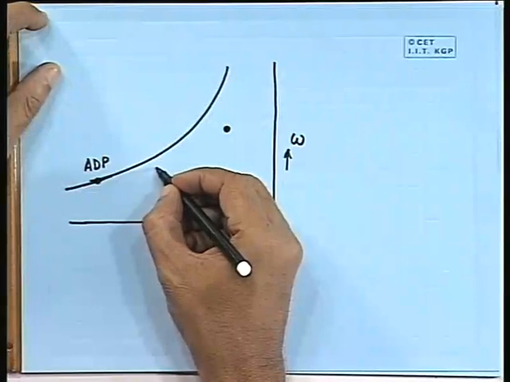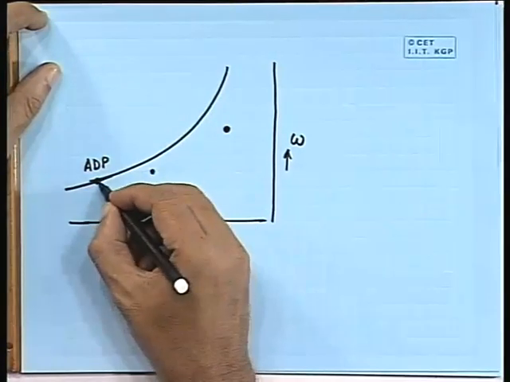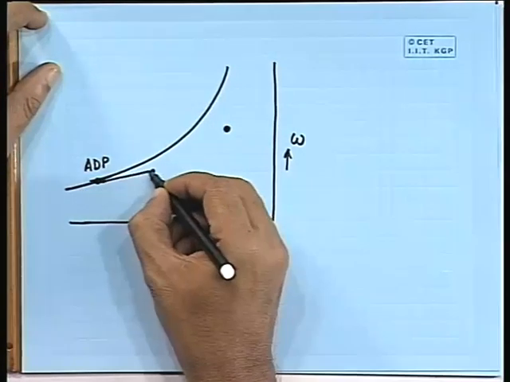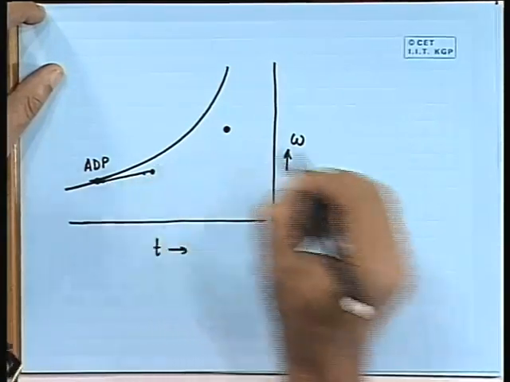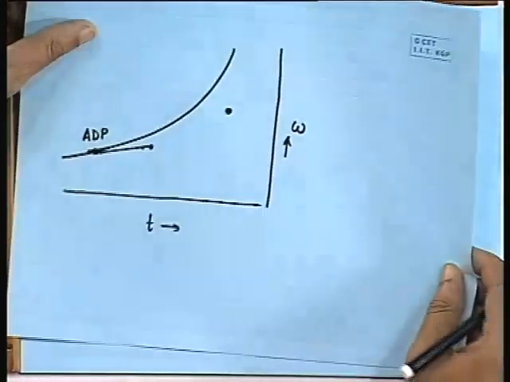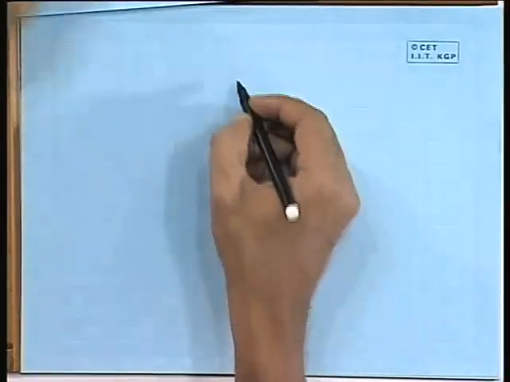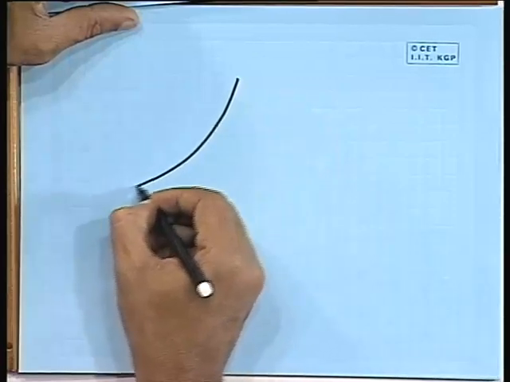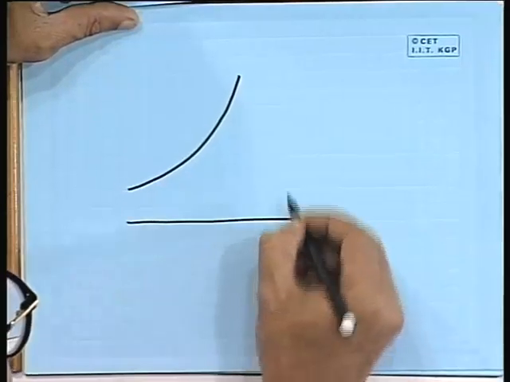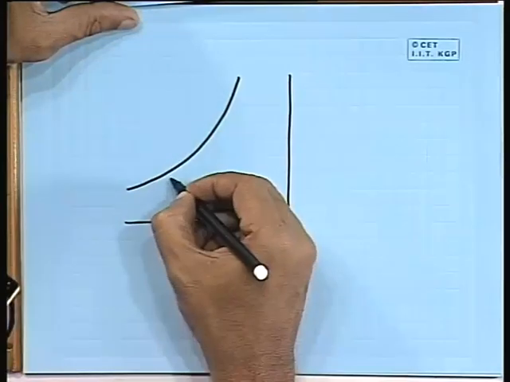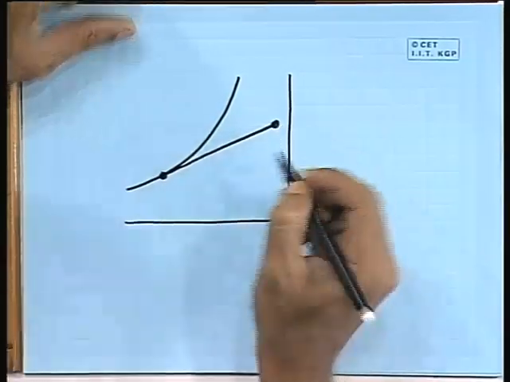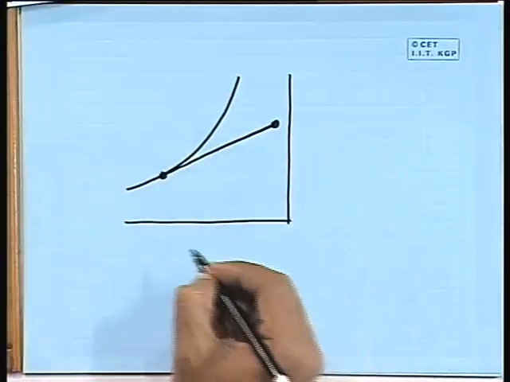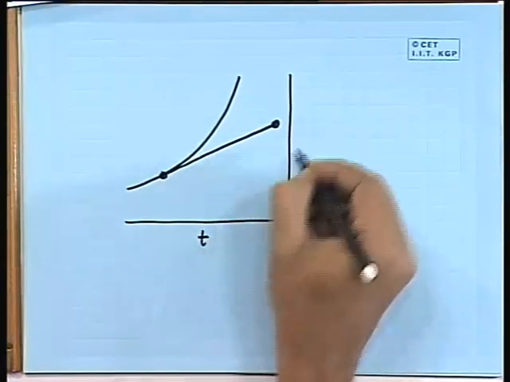What I mean to say is that we will have the condition somewhere here. This is not a very good diagram I have drawn. Well, let me draw another diagram, a bit exaggerated for understanding.